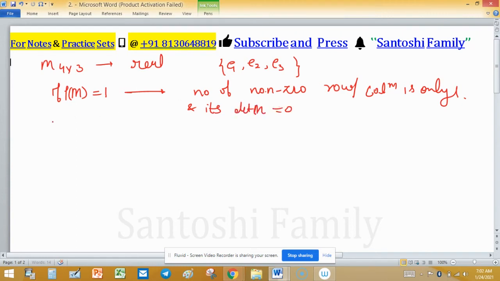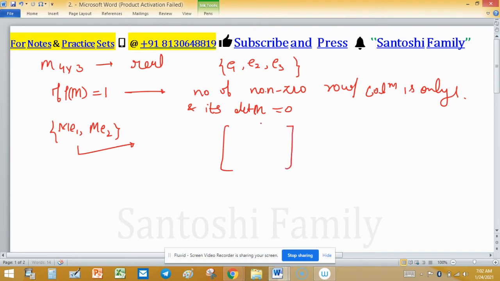If we have to test whether ME1, ME2 is linearly independent or not: if any set contains a 0 vector, then this set will not be linearly independent anymore. So anyhow, if we get 0 in this set, then this set will not be linearly independent.